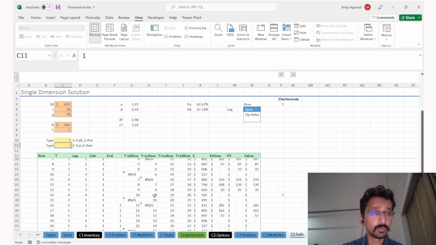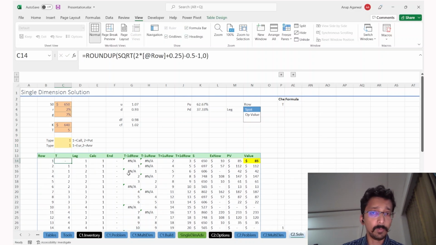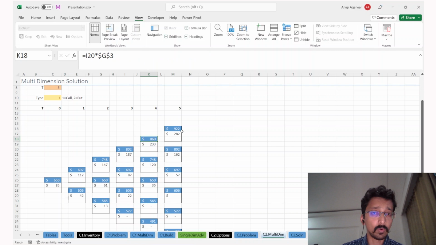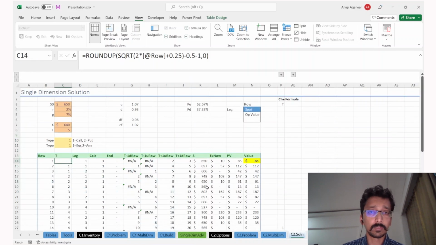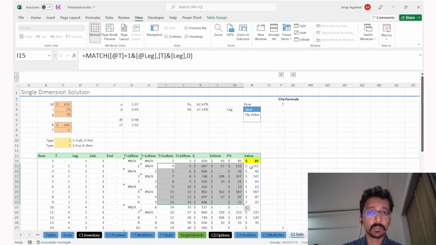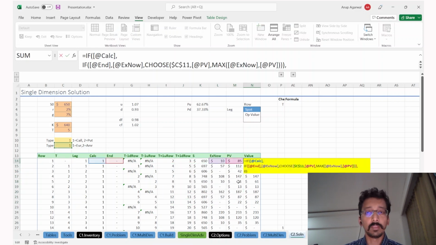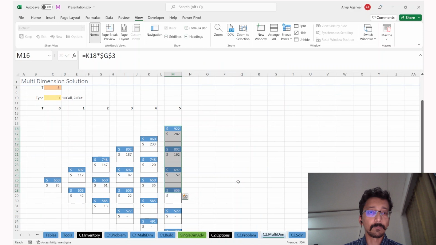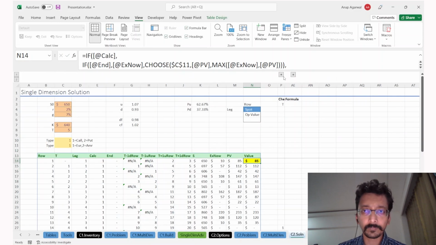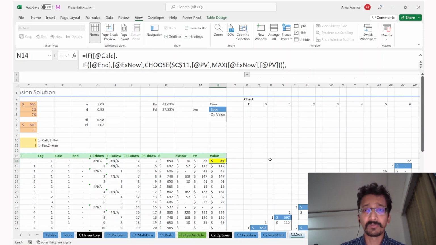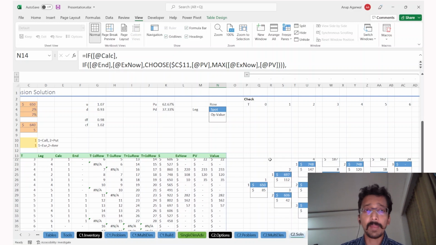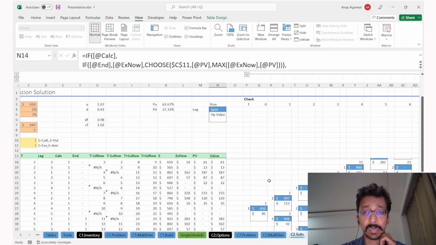So if I set this to call, for this whole method, the multi-dimensional solution, now this is identical to this single dimensional solution, and this first row over here tells you what that price is. I also created a little bit of a check over here just to help me understand when I was building this that I'm reaching the right numbers.